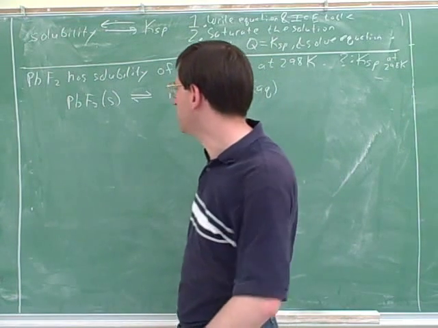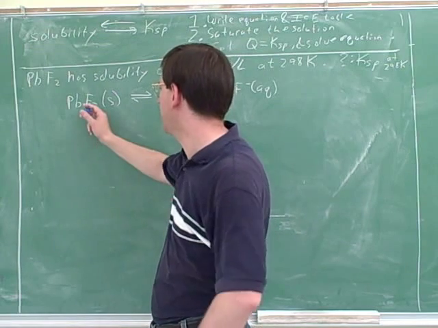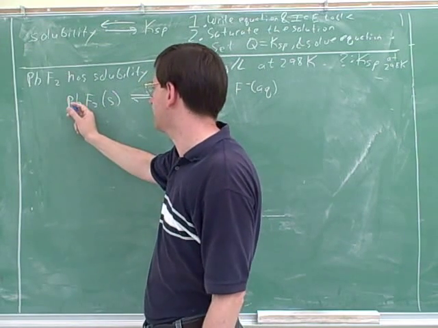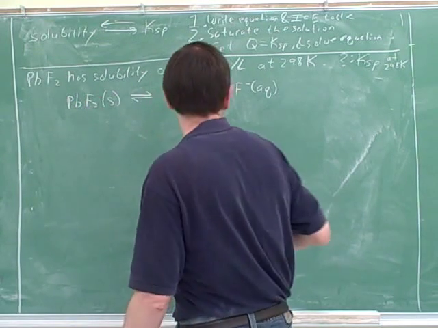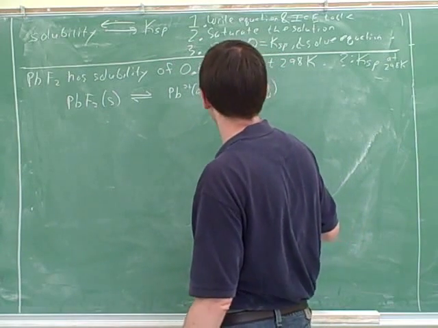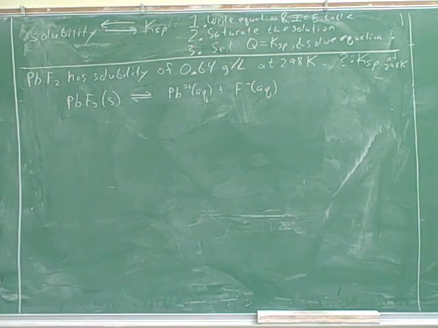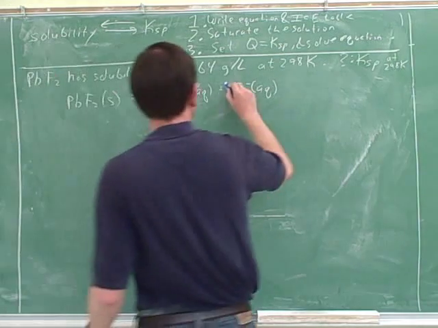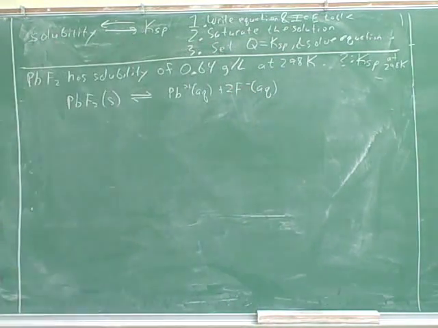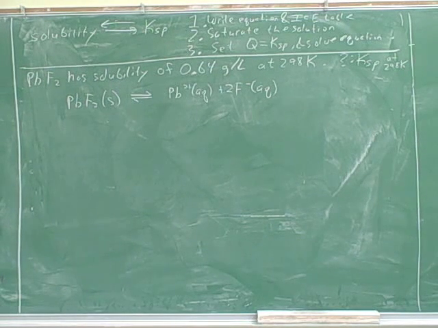We know that fluorine is in the next to last column, so it has a -1 charge. So the lead has to have a +2 charge to balance the fluorines. That's good. And it's good that you saw that there would be 2 fluorides on the right because of this subscript. Now you have your ice table.